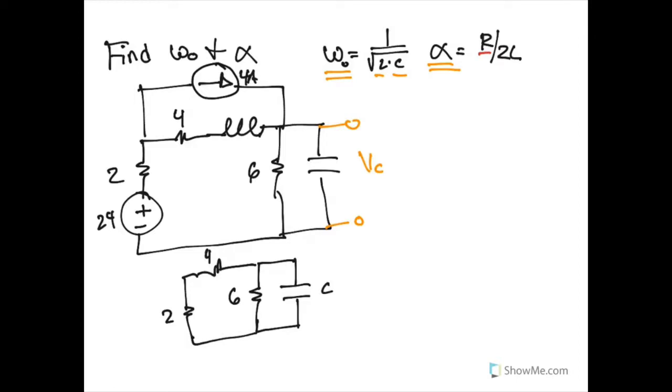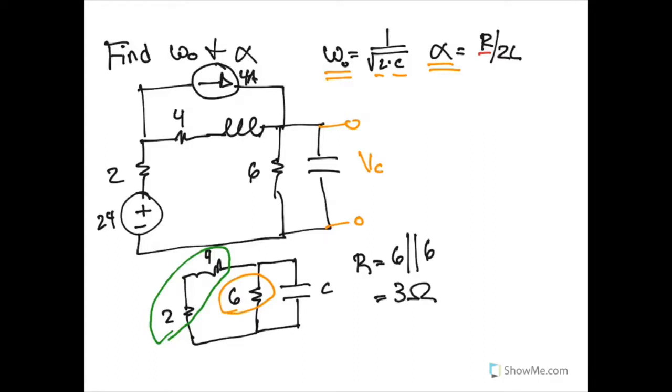So from the perspective of our capacitor, it is in parallel with a 6 ohm resistor, and also in parallel with the 4 and 2 ohm resistors that are in series with themselves, but in parallel with the overall capacitor. So our R value here would be our 6 ohms in parallel with 6 ohms, which would effectively be 3 ohms. So our R for this value is going to be 3.